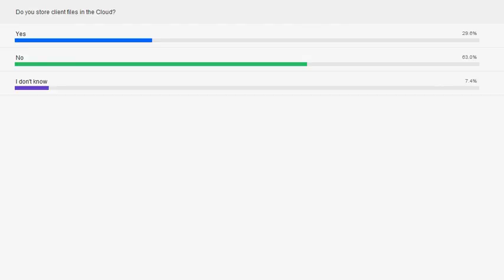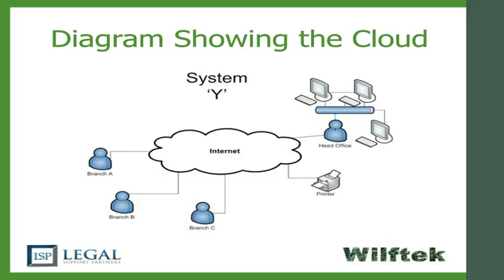I think it's interesting that two-thirds are saying no, considering the amount of technology that folks use in their daily lives, but we'll touch on some of that through the program here. But it also raises the question of how many people know whether the client files are in the cloud or not. So hopefully we can discuss that a bit as well during this hour.